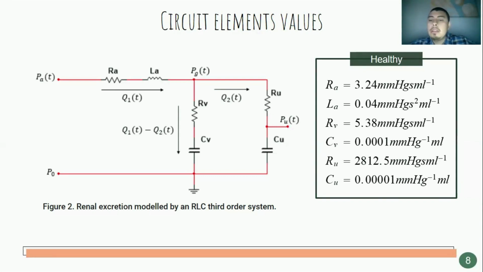The ureter resistance is about 2,812.5, and the capacitance, or the waste storage of the ureter, is about 0.00001.